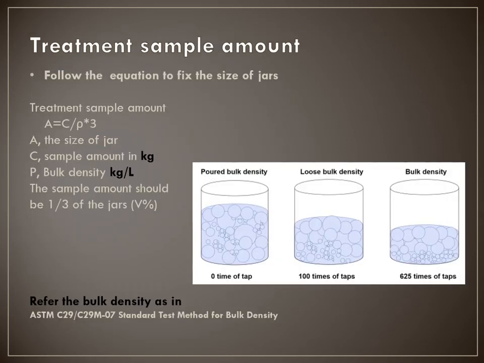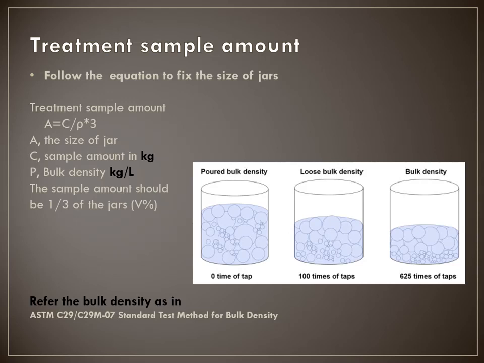First, how to choose the suitable size for the jars. For the suitable size, there is an equation that you can calculate based on your target materials. Please don't forget to use the bulk densities, which you can obtain from the ASTM standard on how to obtain the bulk density for your treated materials.